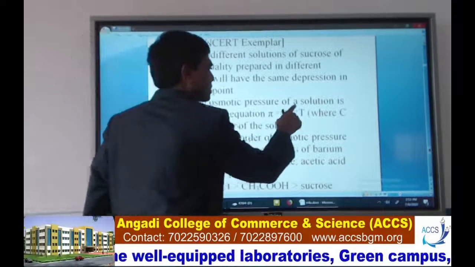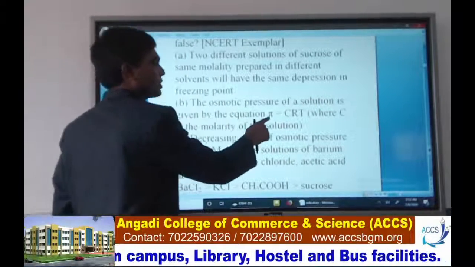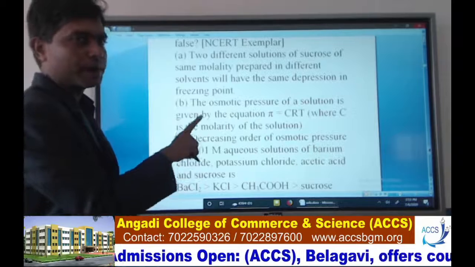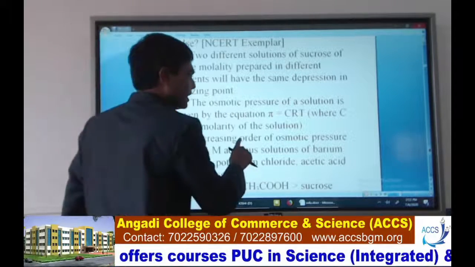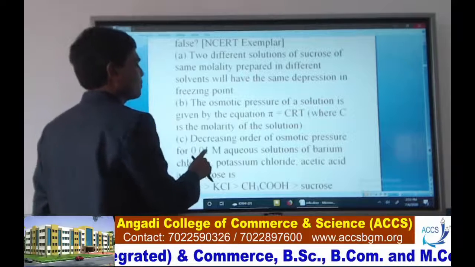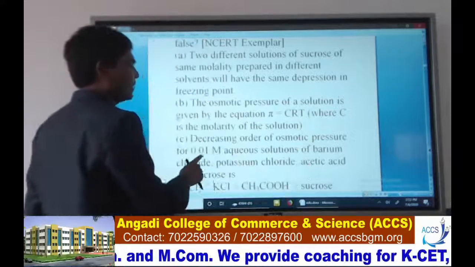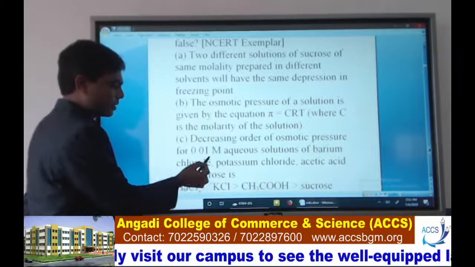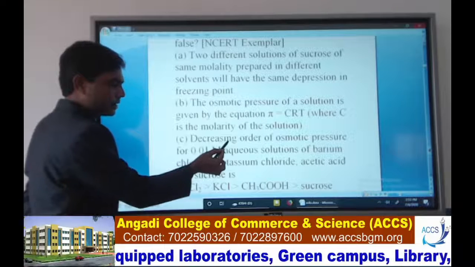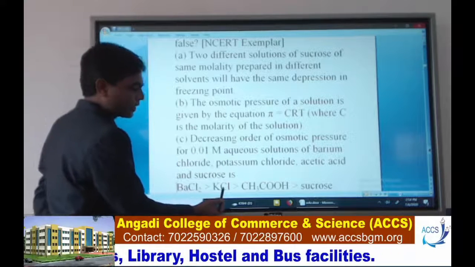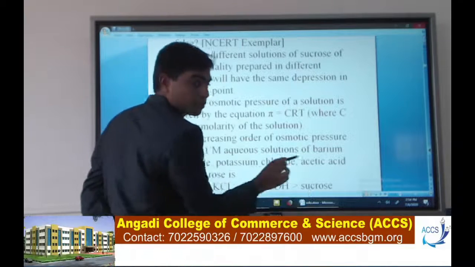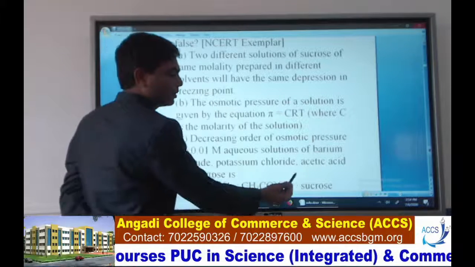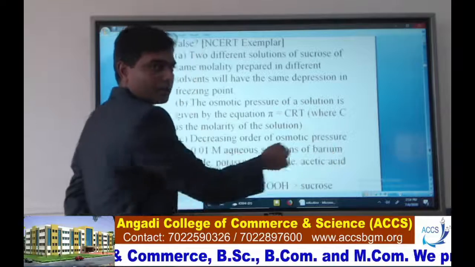The osmotic pressure of the solution is given by the equation pi equal to CRT, whether it is correct, where C is concentration, R is the ideal gas constant, T is temperature. Decreasing order of osmotic pressure for 0.01 m aqueous solutions of barium chloride, potassium chloride, acetic acid and sucrose is, the concentration here is same. He is telling the osmotic pressure BaCl2 greater than KCl greater than CH3COOH greater than sucrose. Here you see 3 ions, 2 ions, 2 ions, no ions, whether it is correct decreasing order.